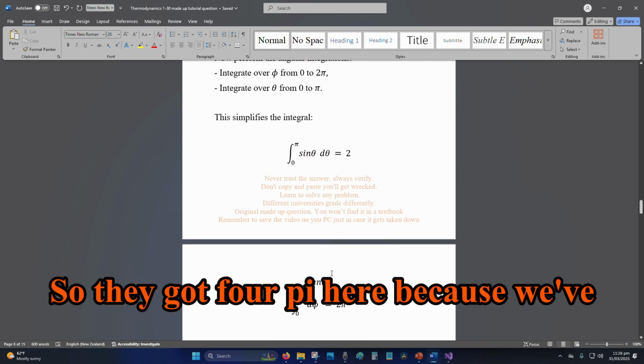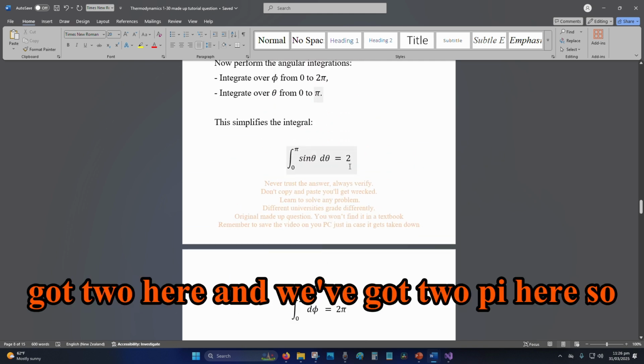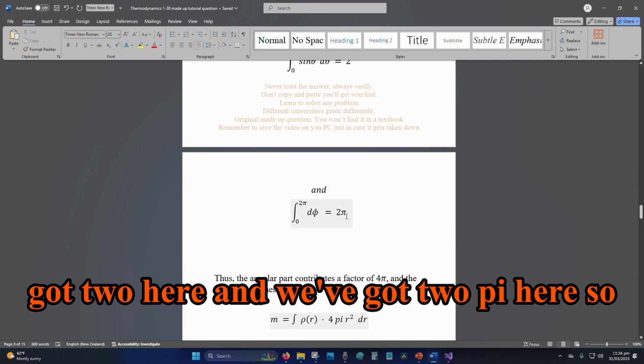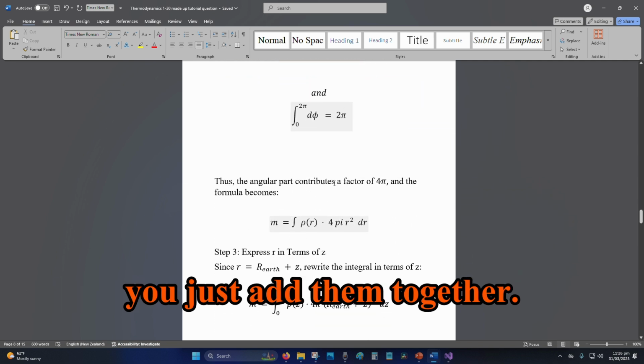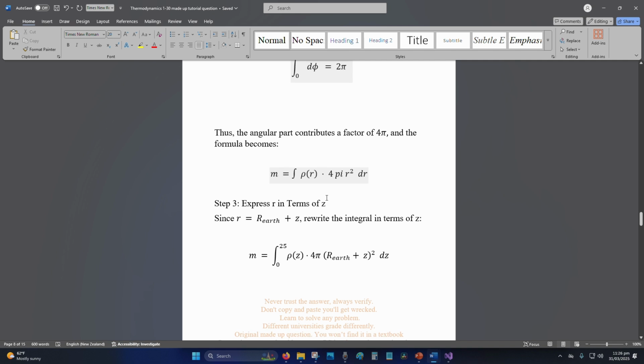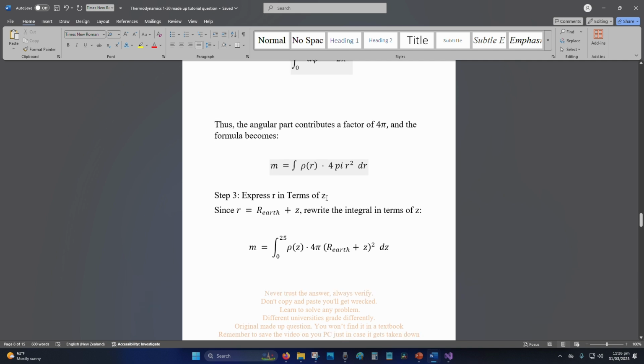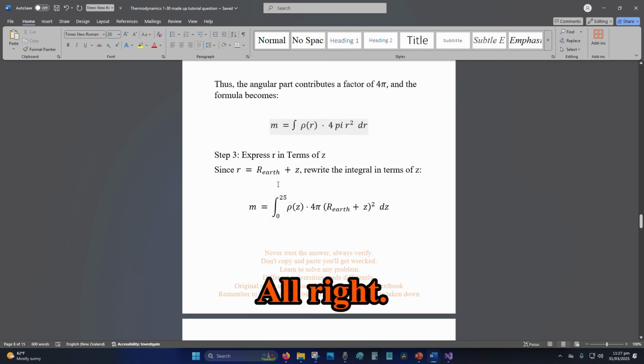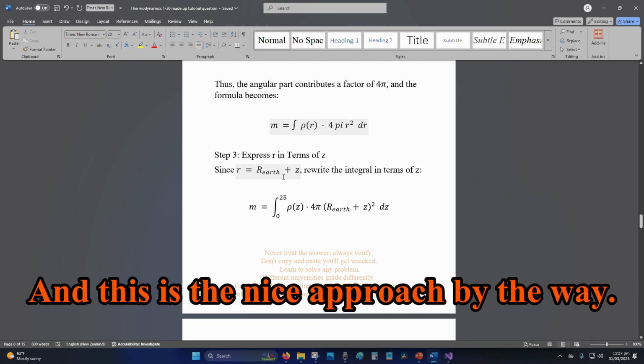So they got 4 pi here because we've got 2 here and we've got 2 pi here, so you just add them together. I hope you are following. Alright, and this is the nice approach, by the way.